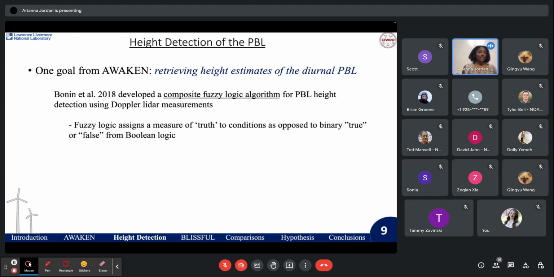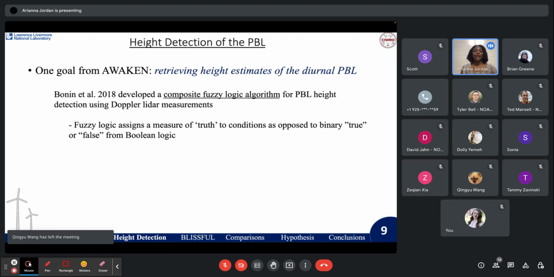So what fuzzy logic does is assign a measure of truth to conditions as opposed to the binary true or false from Boolean logic. My advisor, Dr. Smith, has a really good analogy for this that I'm going to steal because it helps me understand it. You can think of it like a car coming to a stoplight. With Boolean logic, it's just true or false.